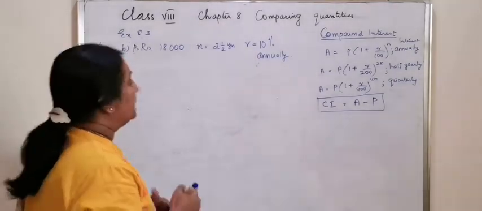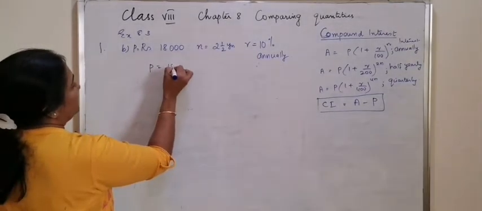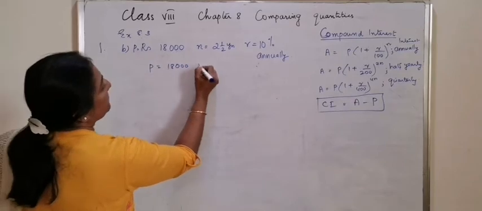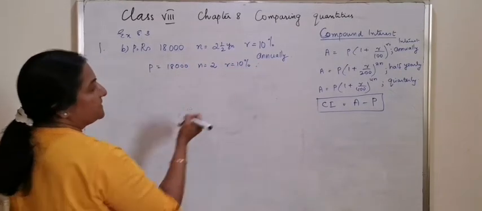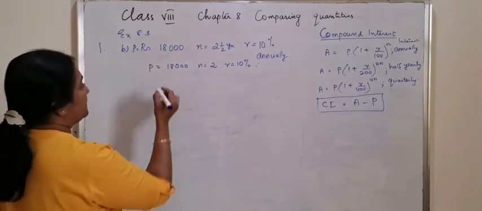Let's proceed. The principal is equal to 18,000, n is equal to 2 years and rate is equal to 10%, we will apply the compound interest formula.